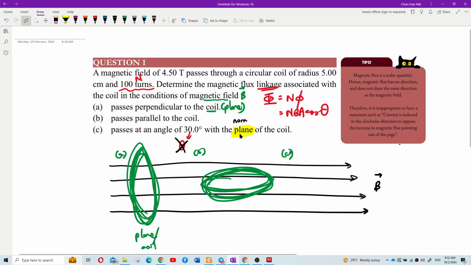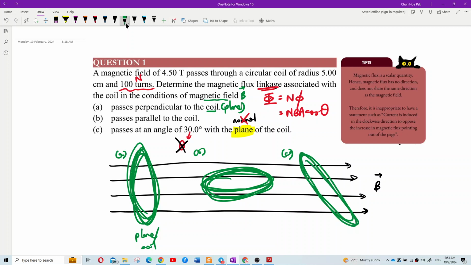If it is with the normal of the coil, then yes, 30 degrees is the theta. But this one is with the plane. With the plane means I can draw it this way.